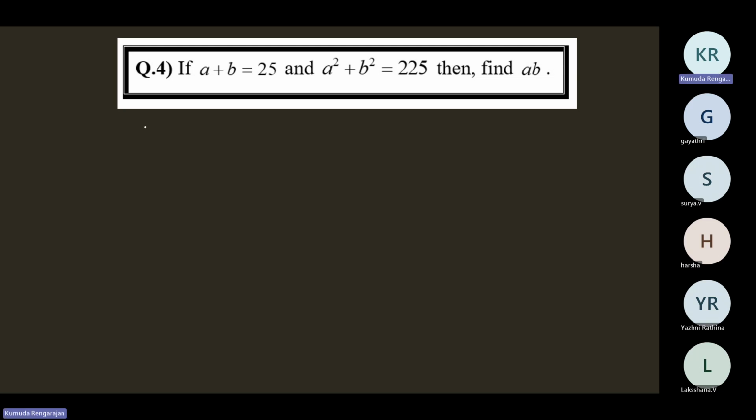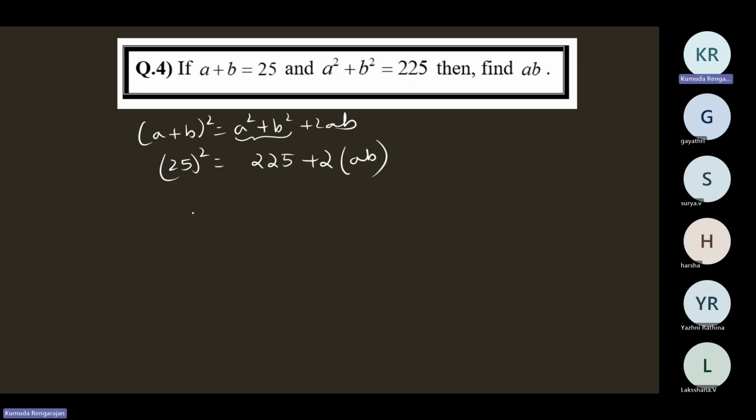Now a plus b is 25. So 25 the whole square is equal to a square plus b square, which is 225, plus 2 into ab. ab we have to find. So you have to solve this and find the value of ab.